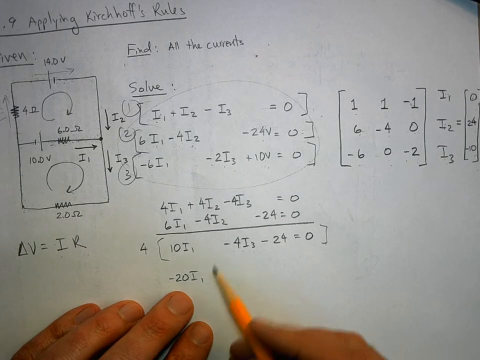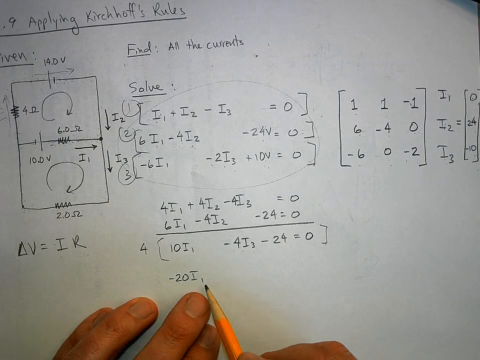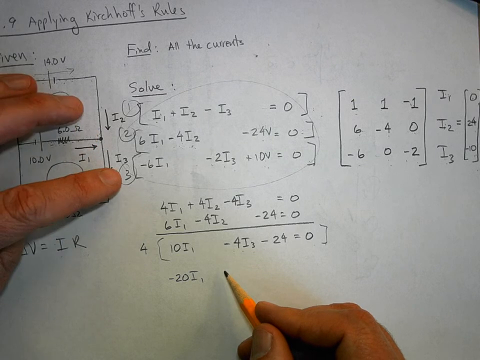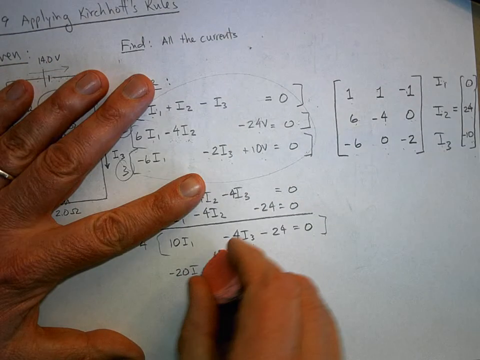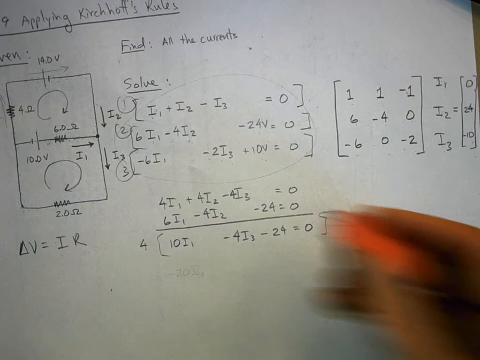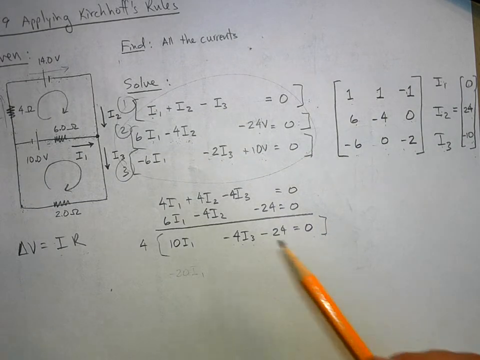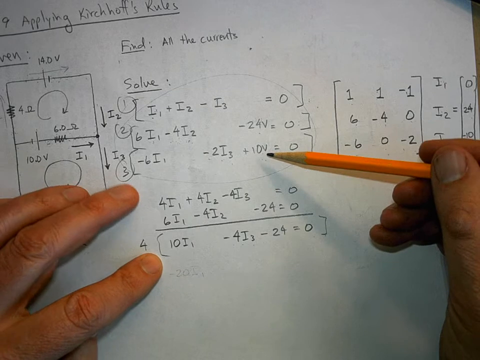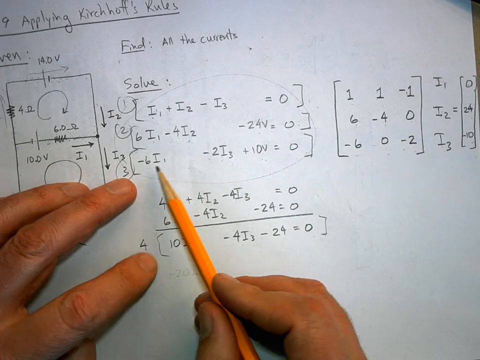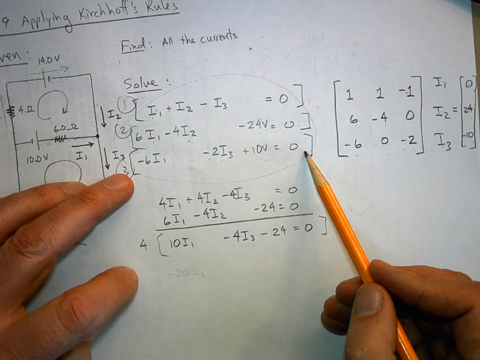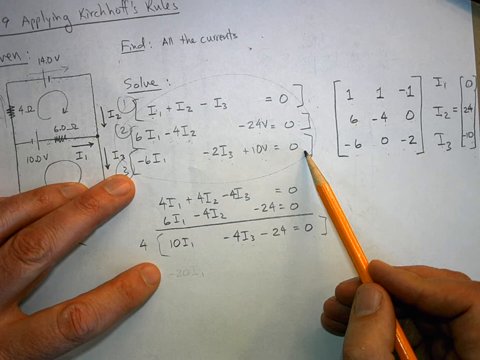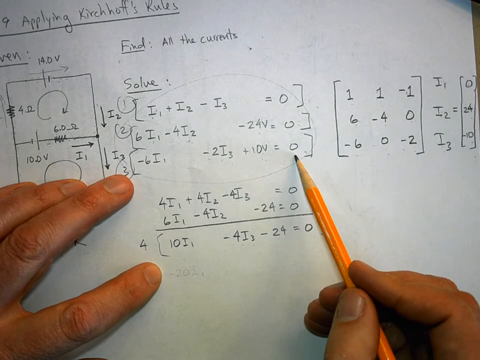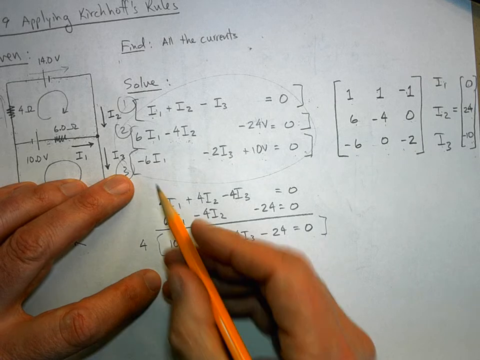All right, now this is negative 20I1. And so what do I want to do? I want to not do that anymore, right? I want to get rid of, well, I'll tell you what, I'll just multiply equation 3 by negative 2. So that's going to be 12I1.